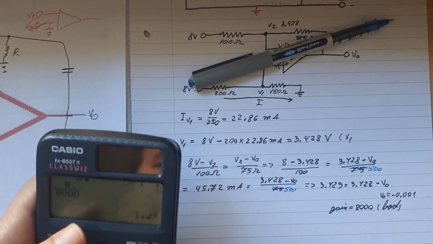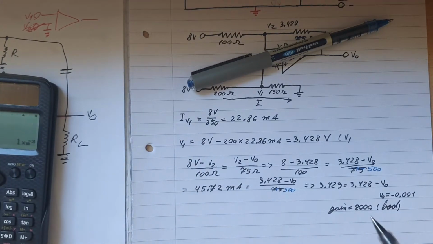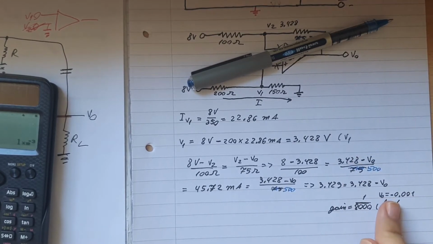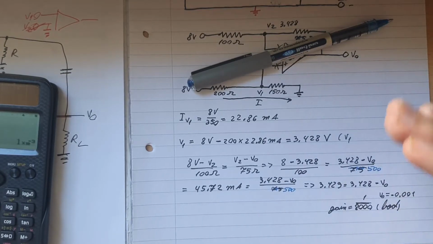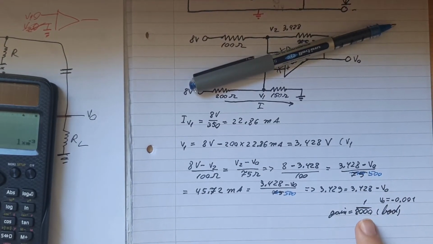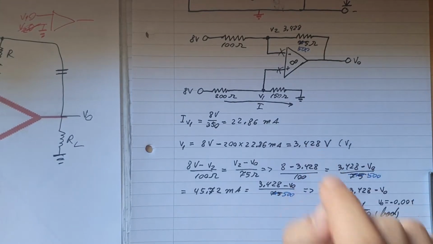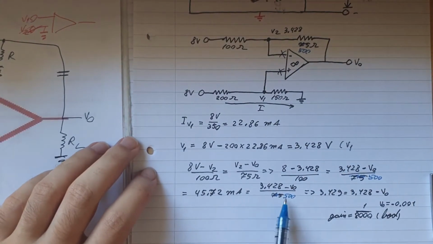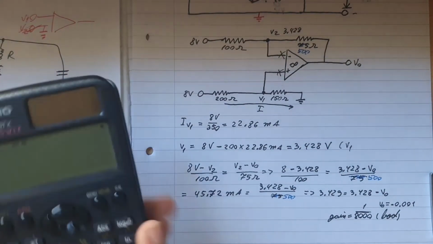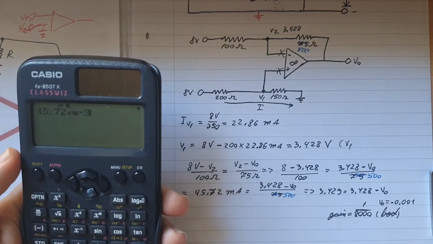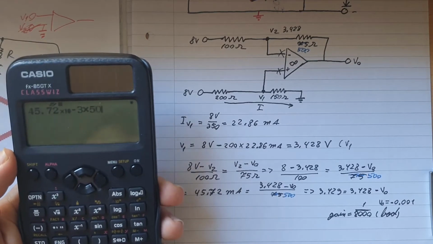Yeah, I guess the gain is not 8,000, it's more like 1 over 8,000, because the voltage output is lower than the voltage input, so it's a down gain. Anyway, let's just change it to 500 and calculate that way. So let's say this is 500, so we do 75.42 times 10 to the minus 3, that's 500.